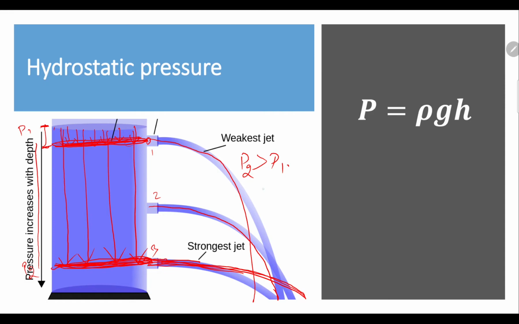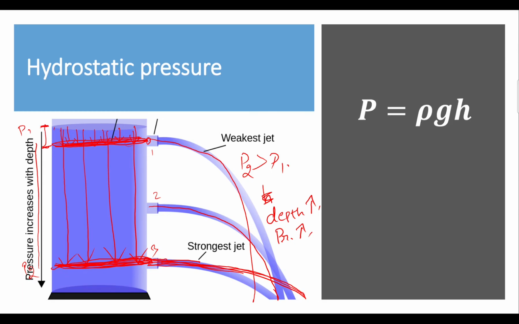So as depth increases, pressure increases. As the depth decreases, the pressure also decreases. So pressure is directly proportional to the height from the top, or the depth.